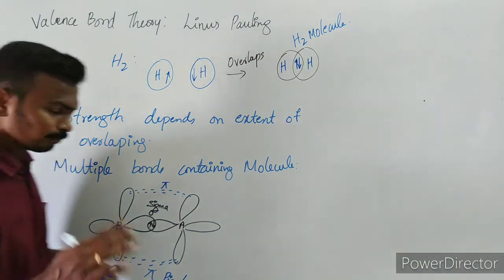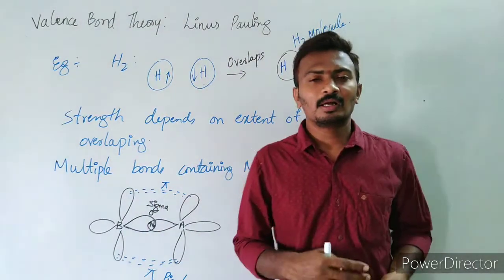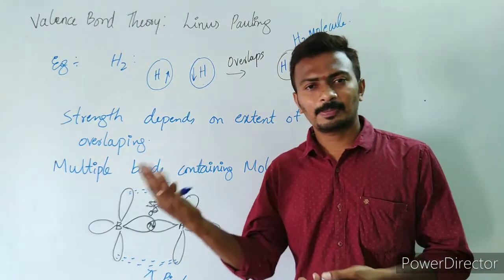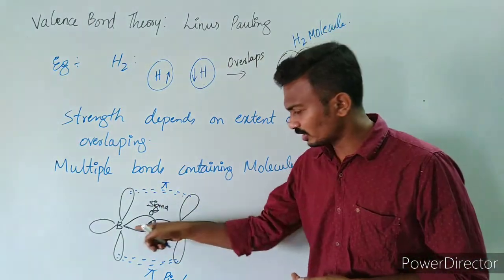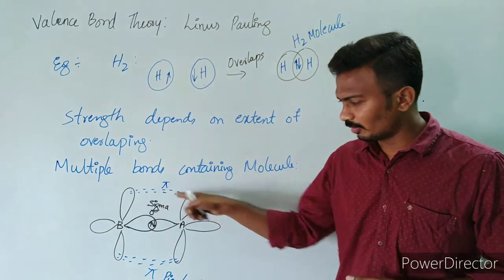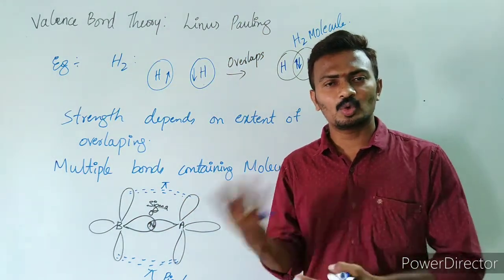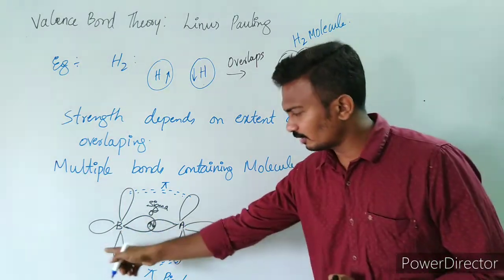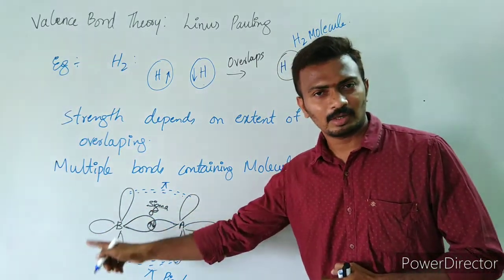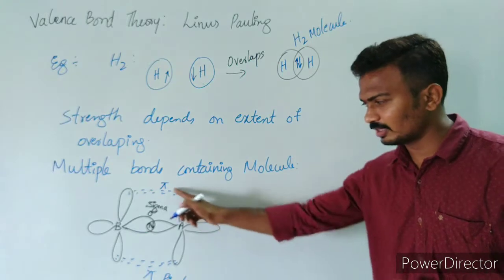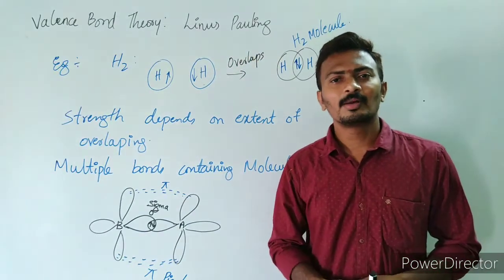In this way, based upon the number of bonds, the pi bonds will be increasing. One sigma bond will be there, and if it is a double bond, there will be one pi bond, and if it is a triple bond, there will be two pi bonds. The other remaining valence orbitals will overlap, and they lead to the formation of one more pi bond.